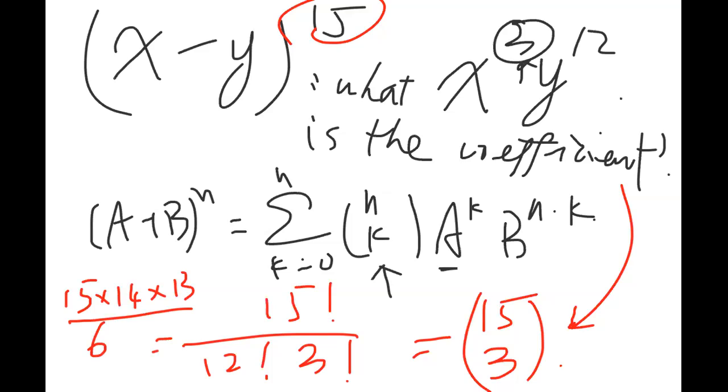Okay. So simplifying this, you should get 5 times 7 times 13, 35 times 13, which is equal to 455. Okay.